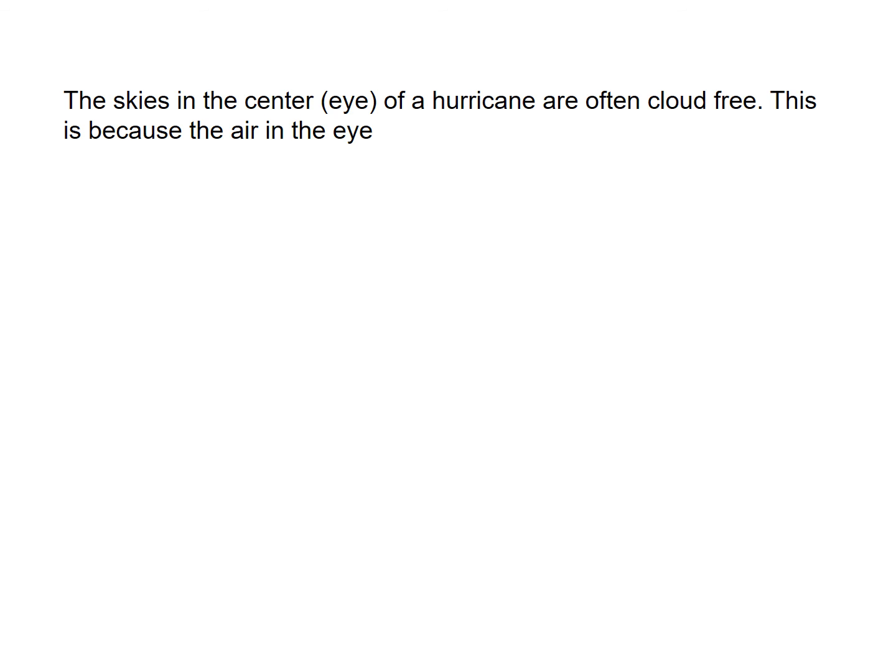Here I show you a few multiple choice questions, maybe your homework or your exam. The sky in the center of a hurricane is often cloud free. This is because the air in the eye is what? Sinking, right.